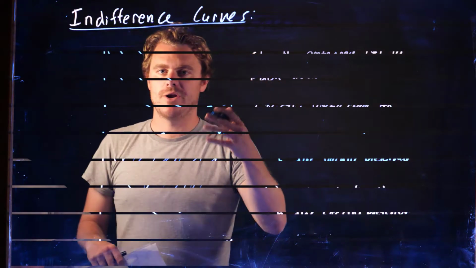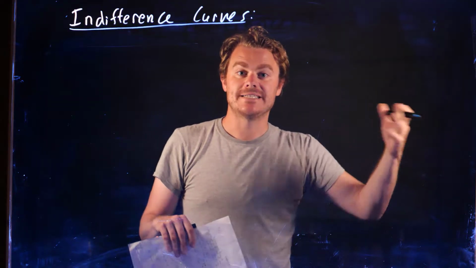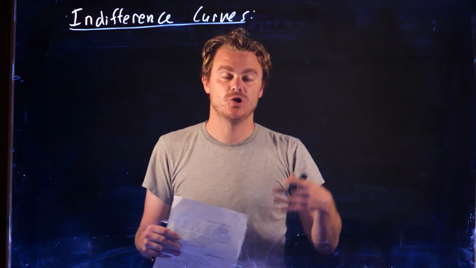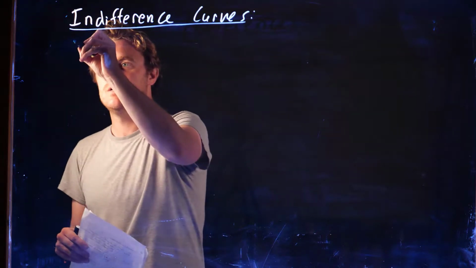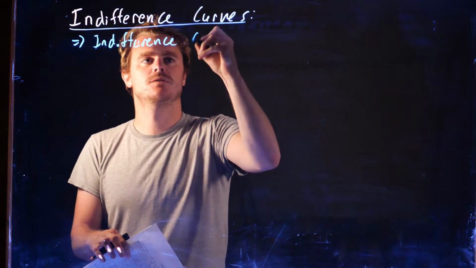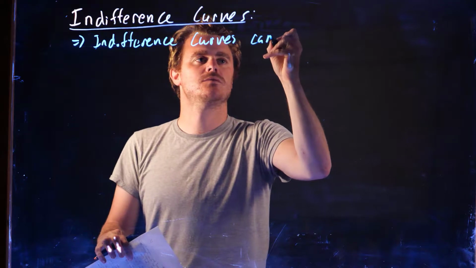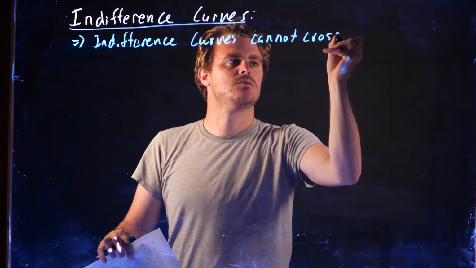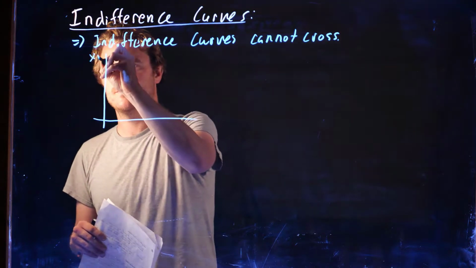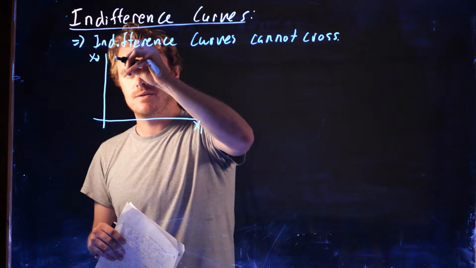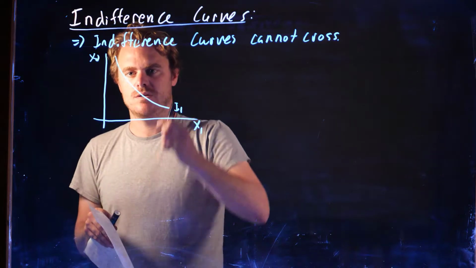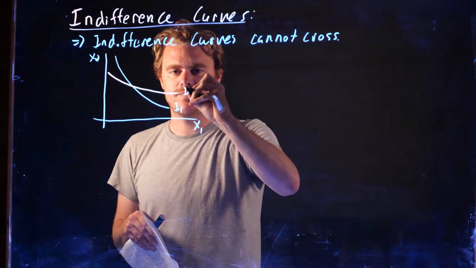So one more thing to note about indifference curves before we go into different examples of what the different preferences might look like in terms of indifference curves. But the important thing is indifference curves can't cross. So if we were drawing these indifference curves, x2 and x1, let's call this indifference curve I1, and let's call this indifference curve I2.